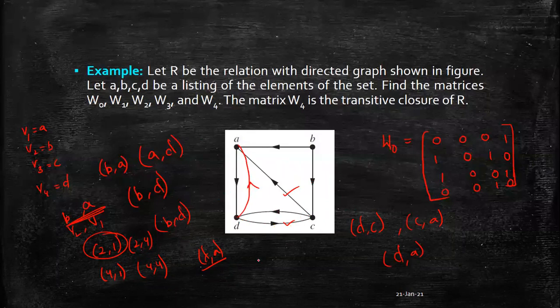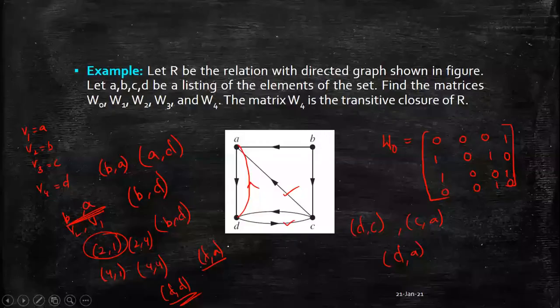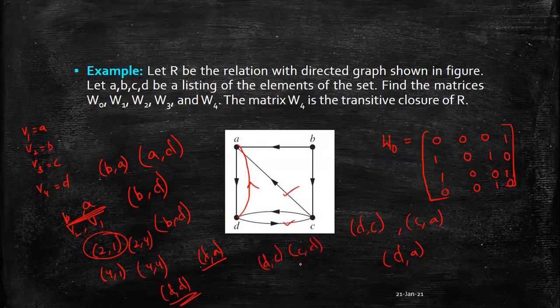Now the final one is 4 4, that is we need to even have D comma D. Why do we need this D comma D? If you notice, we have these two edges, D comma C and C comma D. If we have these two edges, then to make it transitive, we need D comma D, that is a loop on D. So for that reason, we need to add these two edges.